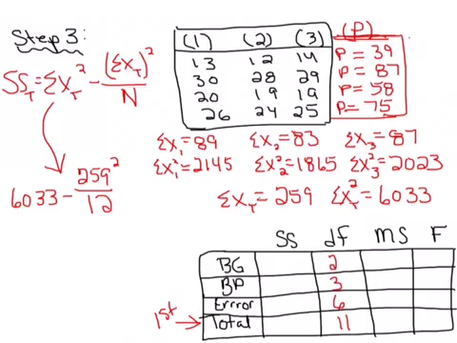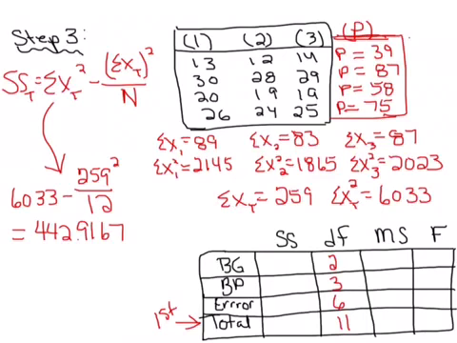You should end up getting, I'm going to put it right here, equals 442.9167. That's the sums of squares total.